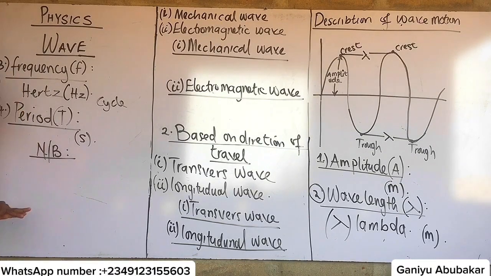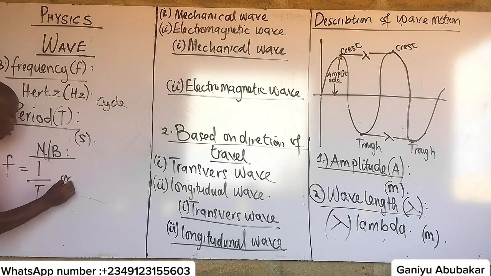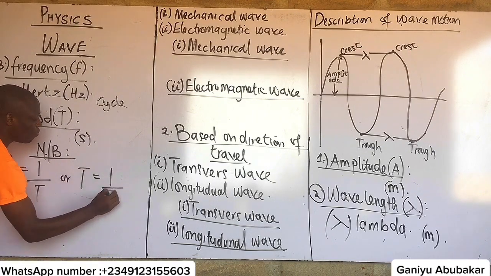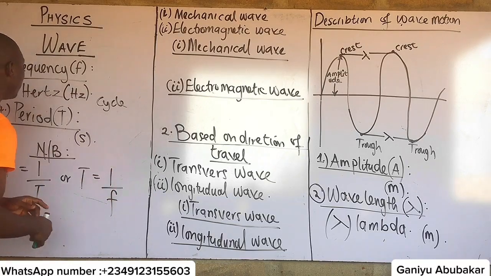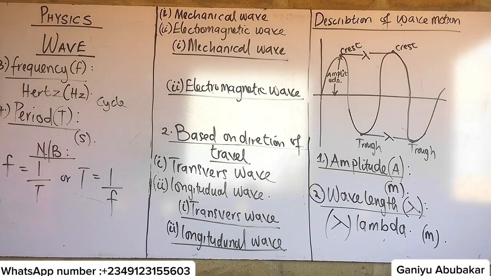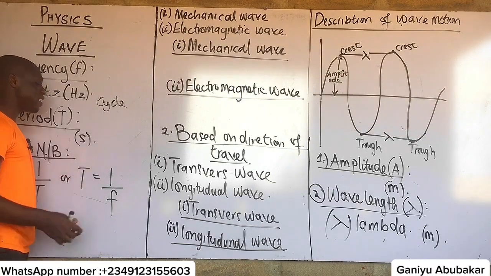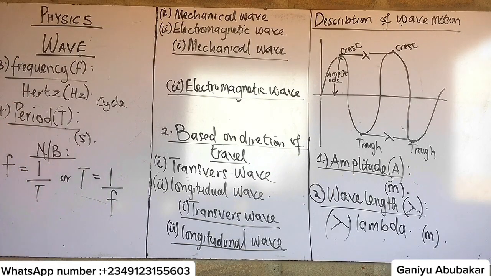Note that the relationship between frequency and period is that frequency is equal to 1 over period, or period is equal to 1 over frequency. The frequency of a wave is the inverse of its period.